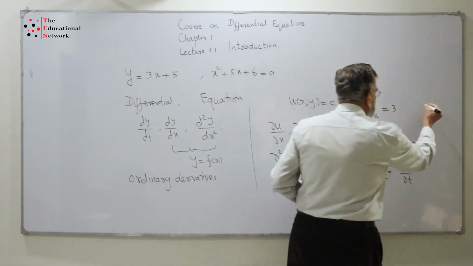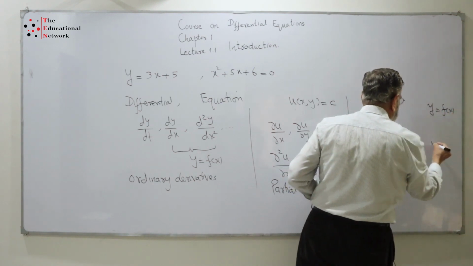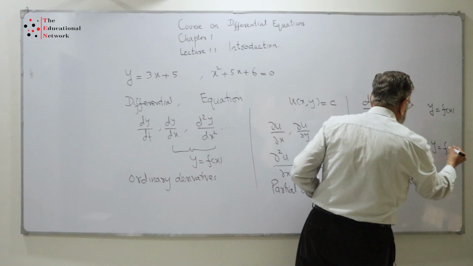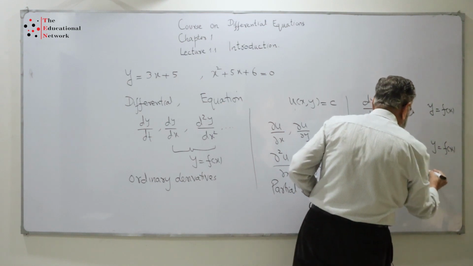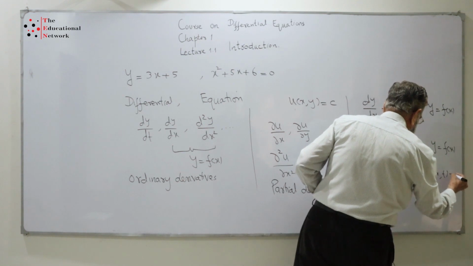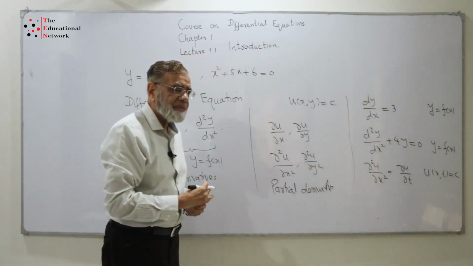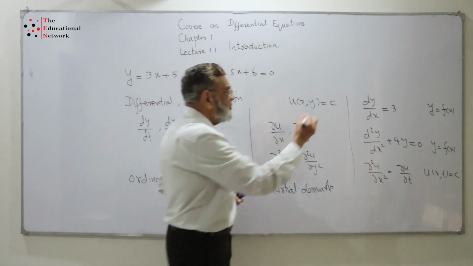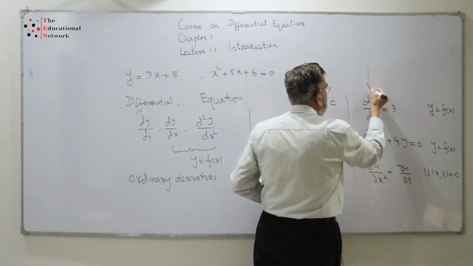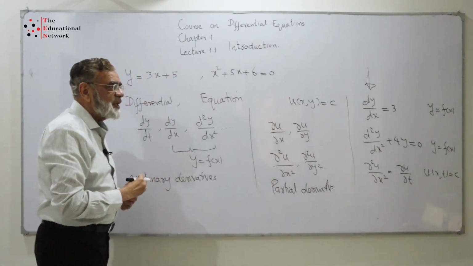In the first two, y is a function of one variable. But here u is a function of two variables, a function of x and t. So the definition of a differential equation is that any equation which contains derivatives is called a differential equation.